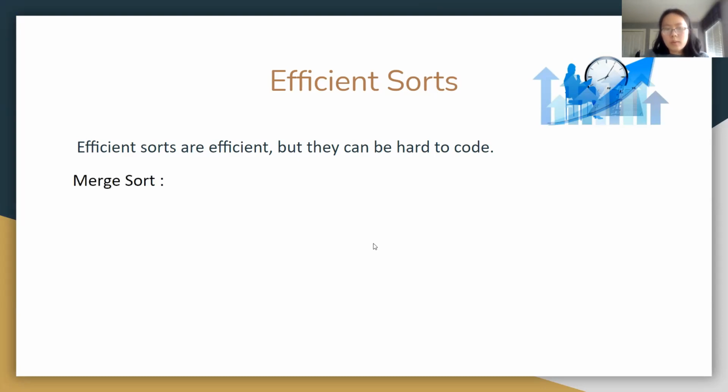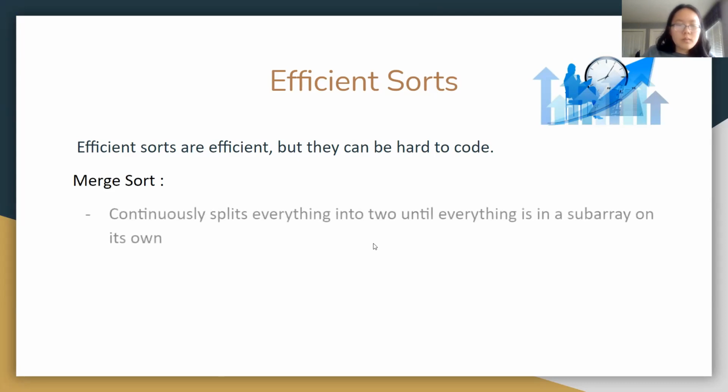All right, the first sort we're going to learn about is merge sort. This continuously splits everything in the array into two until everything is in a subarray on its own, so everything is one by itself. If we had 5 elements within an array, we would continuously split everything into 2 until all of the elements are in separate subarrays on their own.